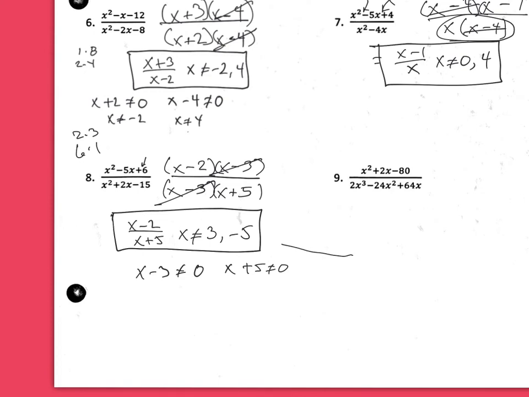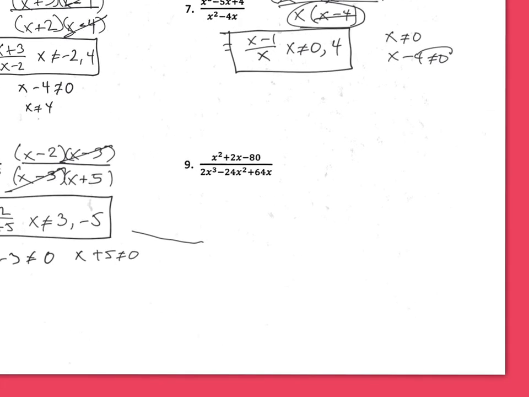Woohoo, last one. Big finish. Here we go. Multiply to get 80. 1 times 80, 2 times 40, 4 times 20, 8 times 10.